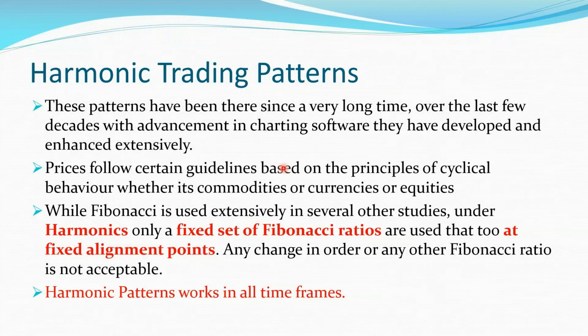So why do markets work like that? Because markets never move all the way up like this. We have a trend which goes like this, then it does a pullback, then it tries to go up, fails to cross this line, and then it falls like this.